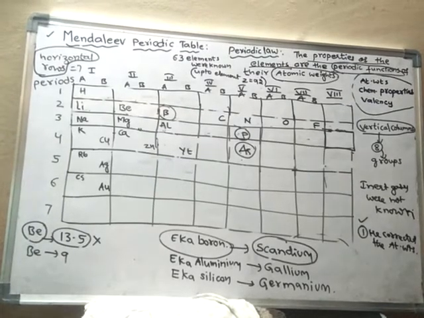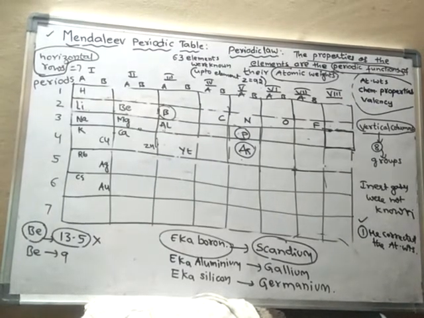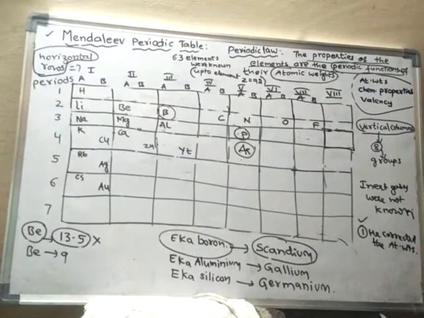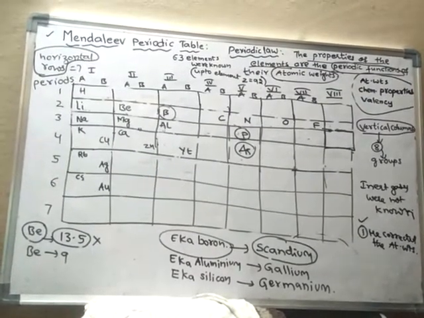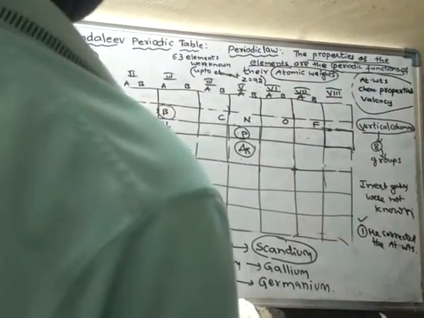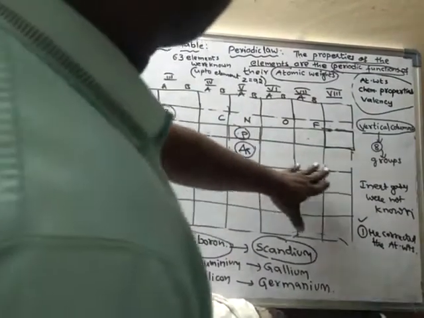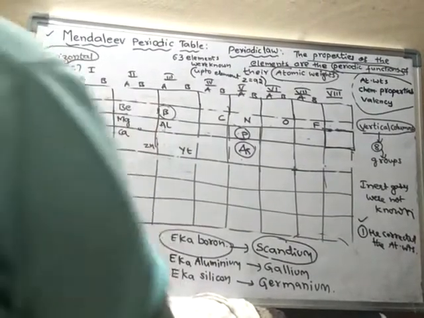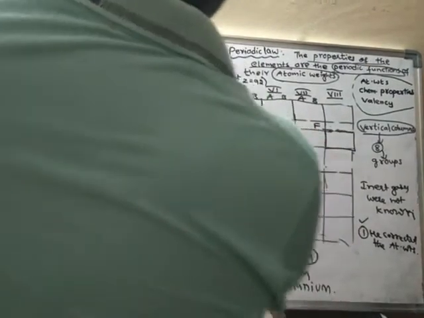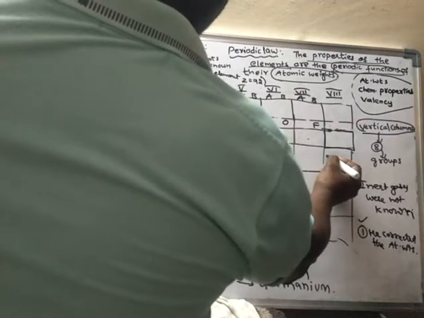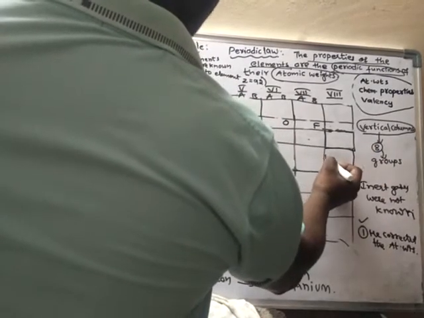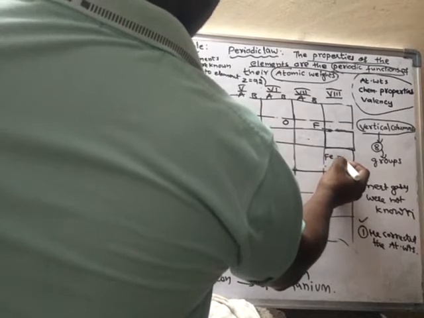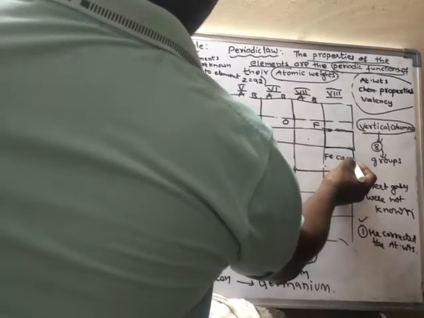Next thing, again we'll come back to our discussion. In this fourth period, in a single slot, he arranged three elements: iron, cobalt, nickel.